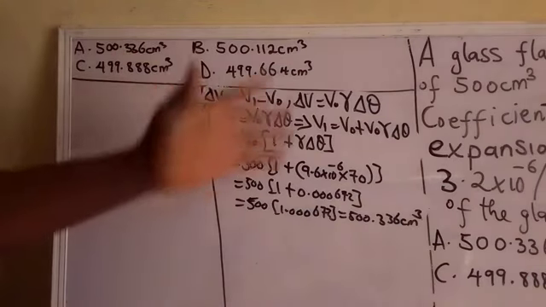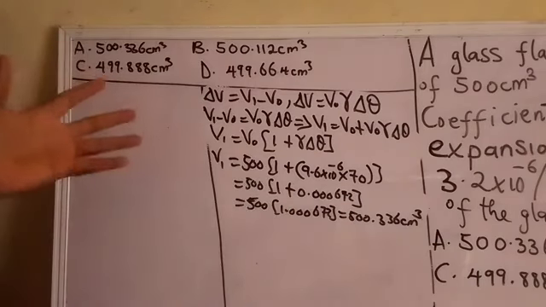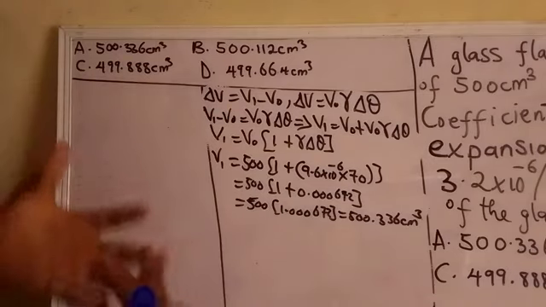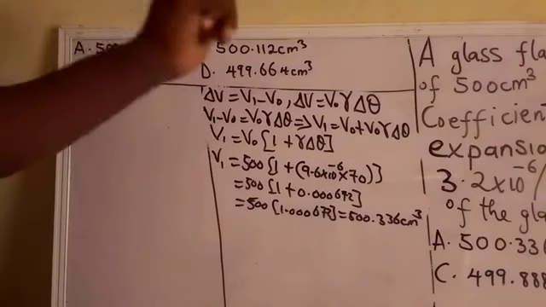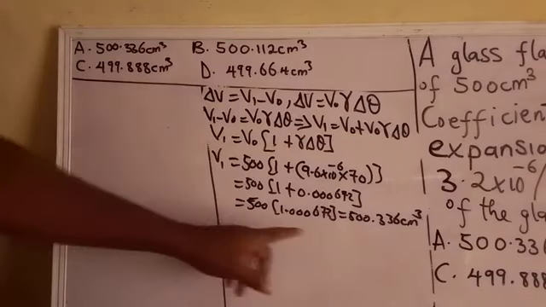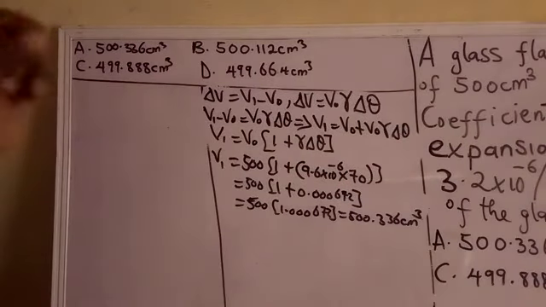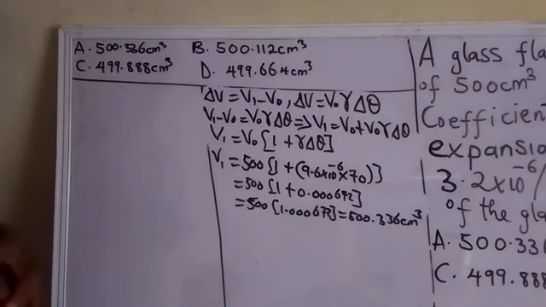Now that temperature has become 30, temperature reduced. So you expect the glass to contract. If the glass is supposed to contract, we are not supposed to get a value up to 500. It's supposed to go down. But you see, our final answer here is more than the initial volume. So that should tell you something is wrong. Why? The minus we dropped.